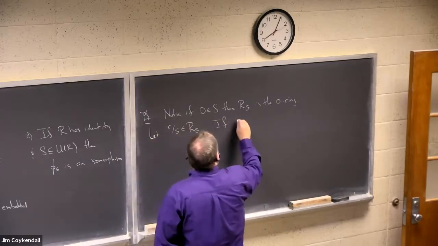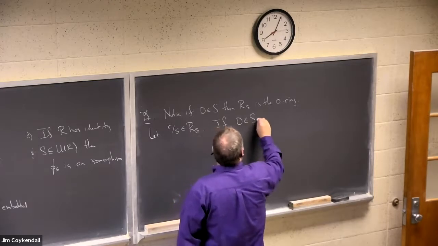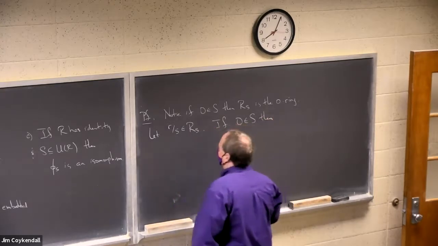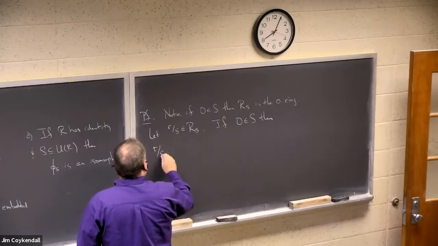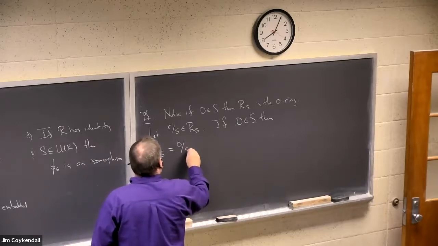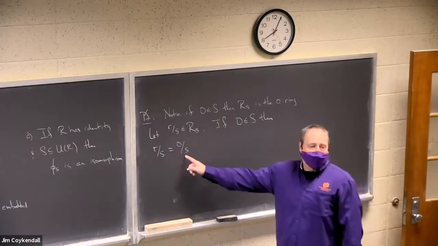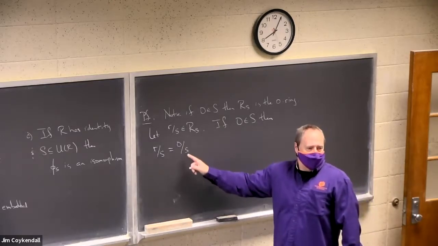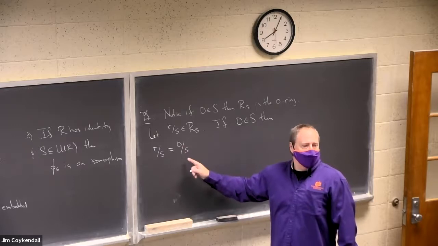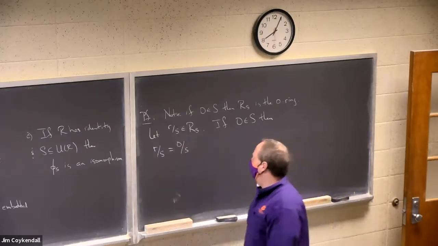If 0 is in S, then R_S, these fractions are the same. And remember, last time we said that this fraction 0 over anything forms 0. That's pretty easy to see.